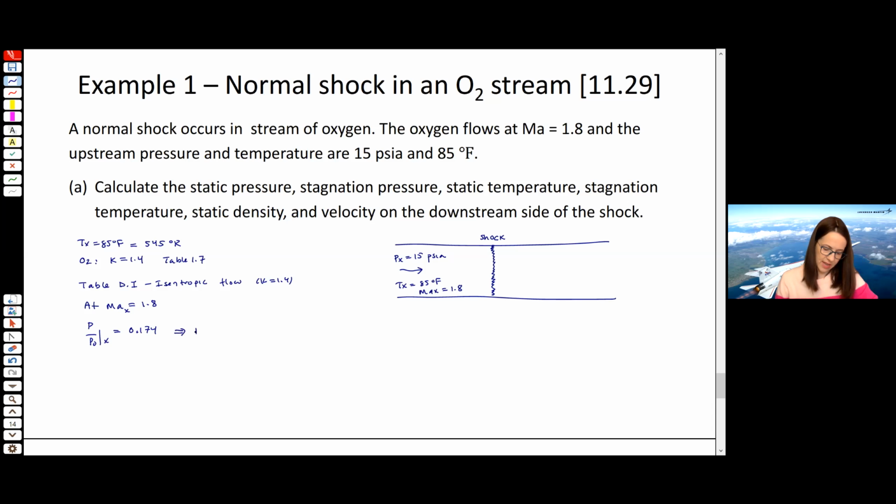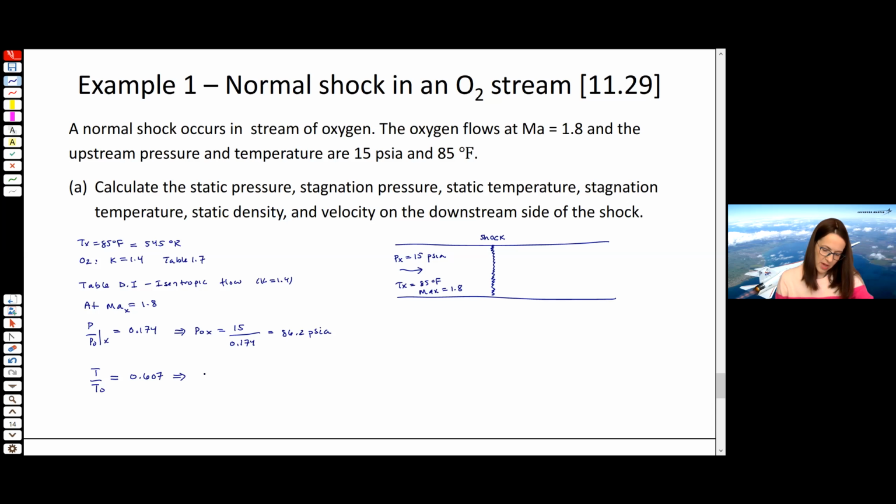This gives us our stagnation pressure upstream of the shock, and it's 15 over 0.174. It is 86.2 psi. But we were not asked for that, so I won't underline it. But the other thing we get from table D sub I is the ratio of static to stagnation temperature, and that is 0.607 at Mach number 1.8.